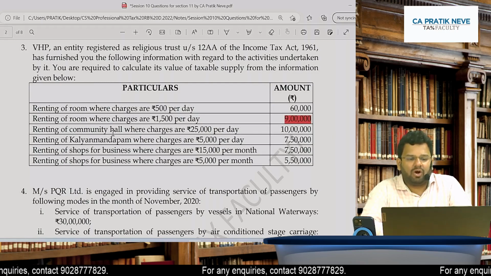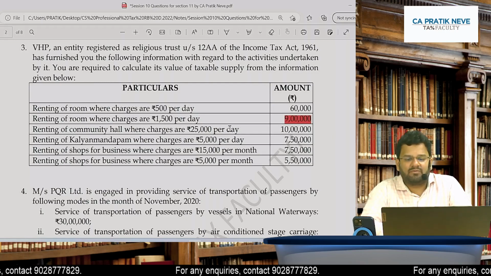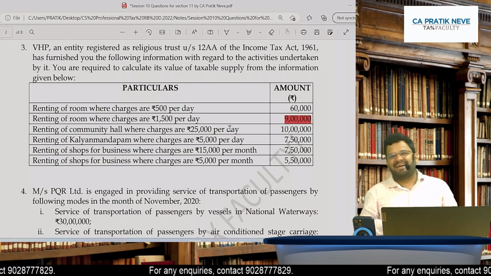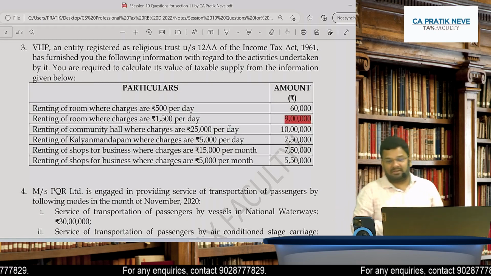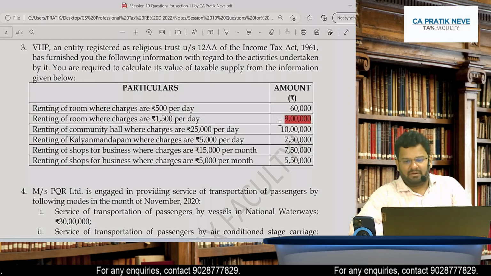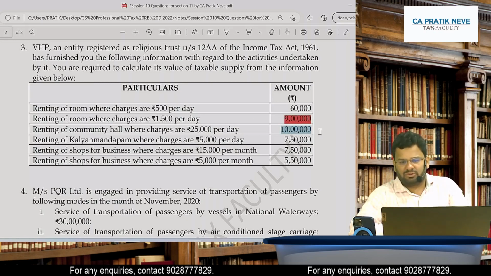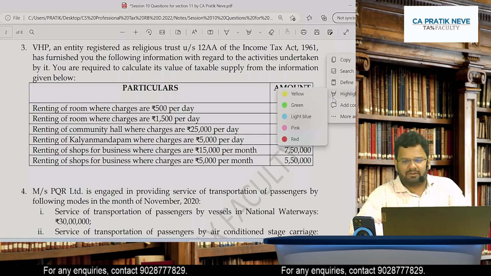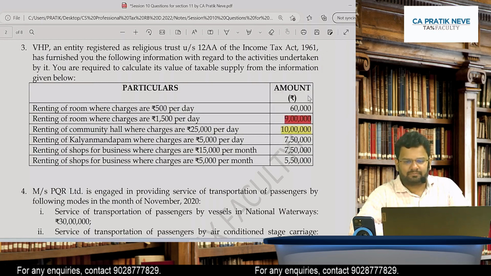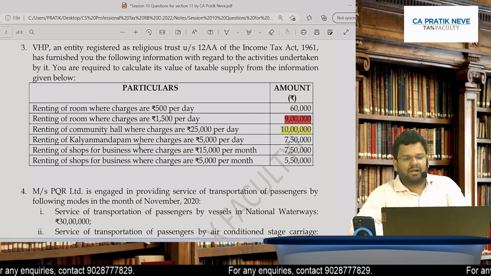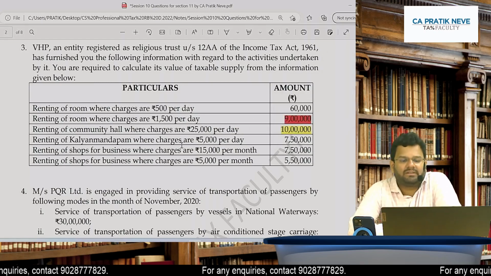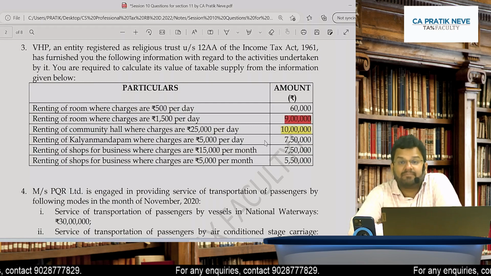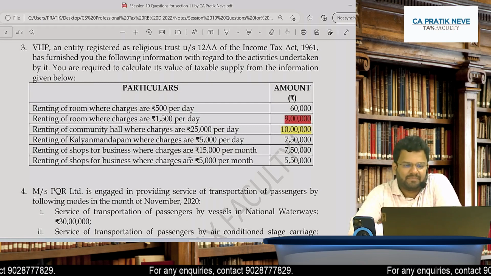Renting of community hall where charges are 25,000 per day. Here the threshold was 10,000. It is 10,000 or more, so this also becomes taxable. Next, renting of Kalyan Mandapam where charges are 5,000 per day. This will be exempt.